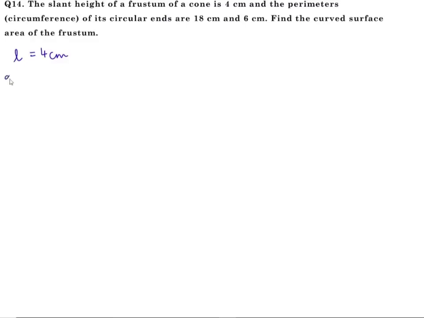What is perimeter? Perimeter is 2 pi r. That is, for the top portion it is 2 pi r1, for the bottom portion it is 2 pi r2. The perimeter of the bottom portion is 18 centimeter and for the top portion it is 6 centimeter.